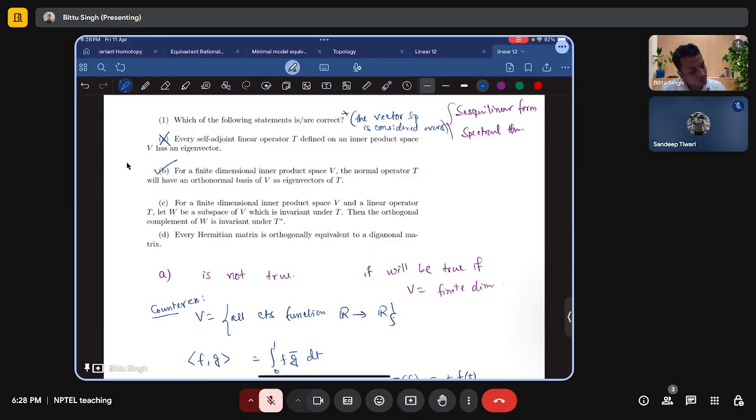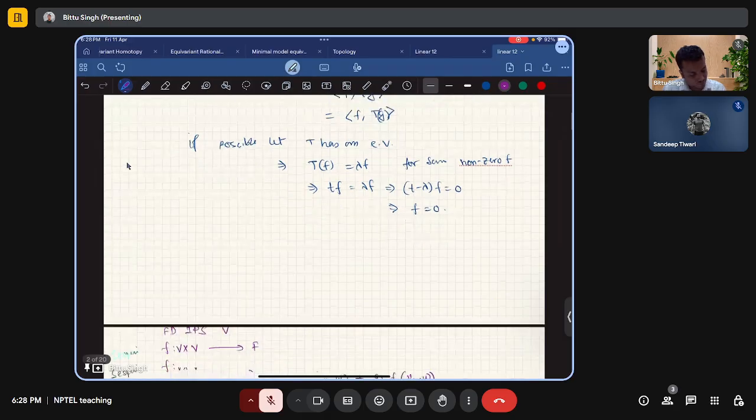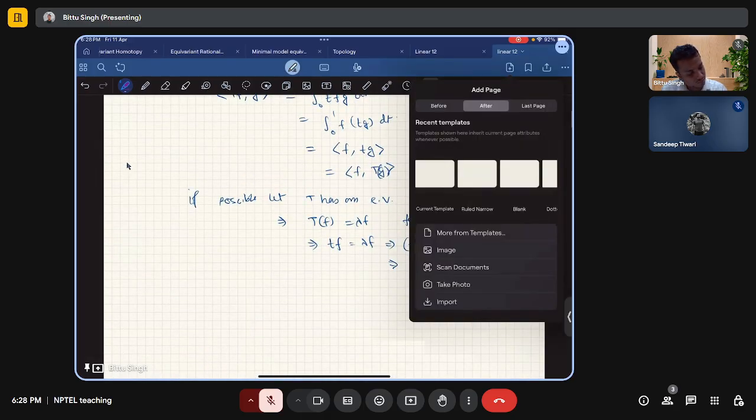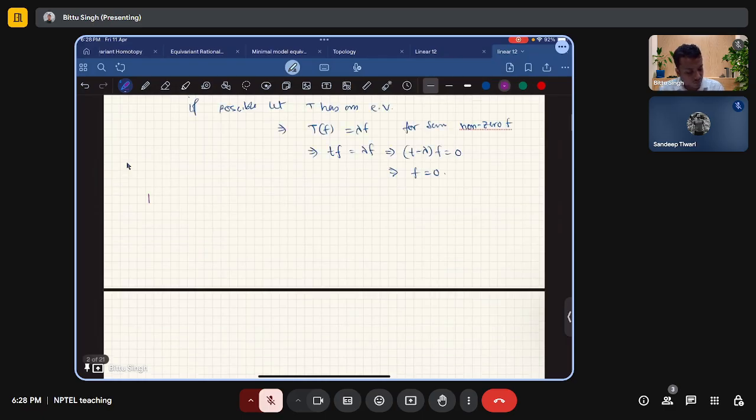So for B, any normal operator T is always diagonalizable.